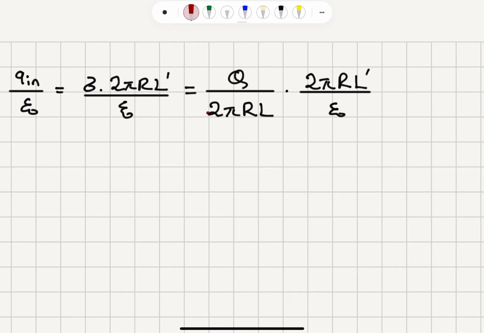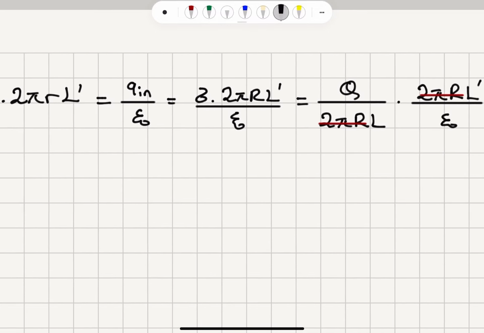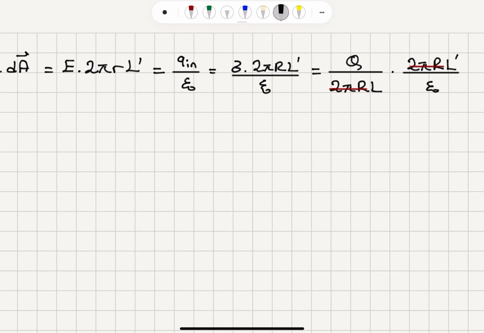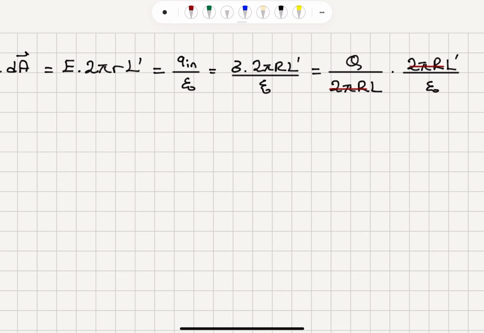Now you can see that these 2 pi capital R's will cancel, and we will be left with Q L prime over epsilon 0, but at the same time this is equal to E times 2 pi r L prime. So you can see that we will have a cancellation of these L primes, so these L primes will disappear.